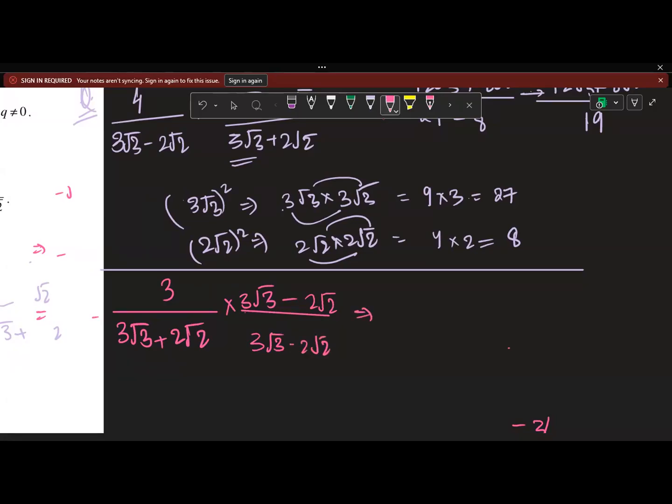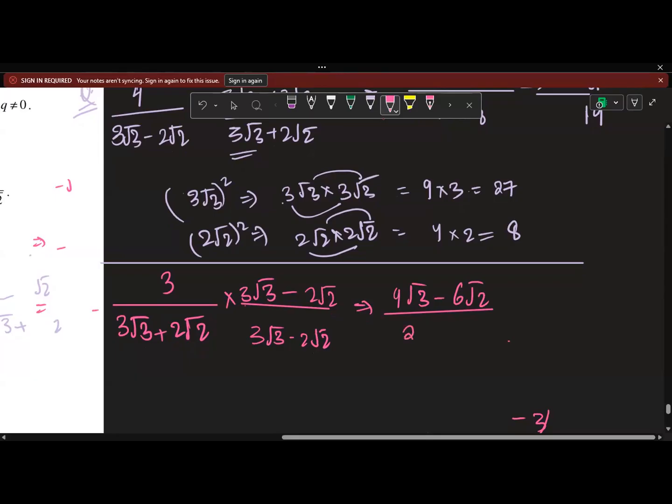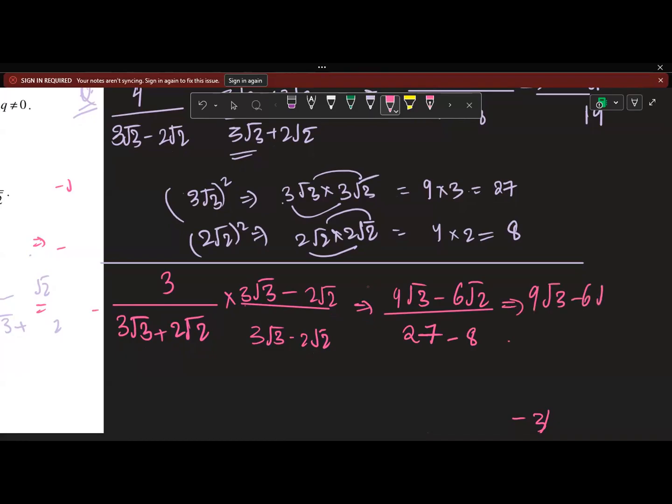You get 3 into 3 is 9 root 3 minus 6 root 2, denominator 27 minus 8. 3 root 3 square we already know is 27, 2 root 2 square I already know is 8. So numerator is 9 root 3 minus 6 root 2 divided by 19.